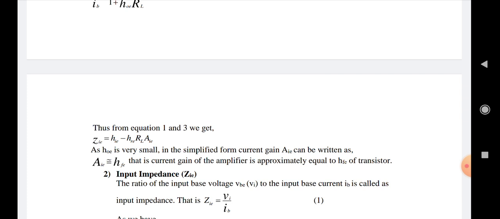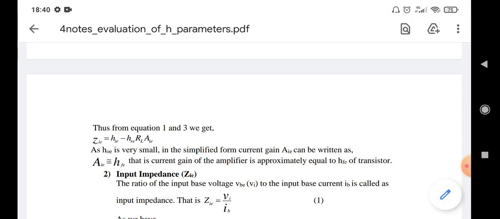It shows that the current gain of the amplifier is approximately equal to the forward current ratio, the hybrid parameter of the transistor.